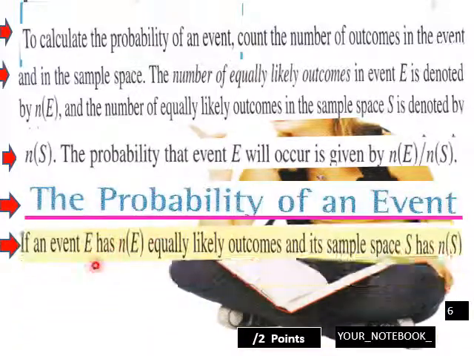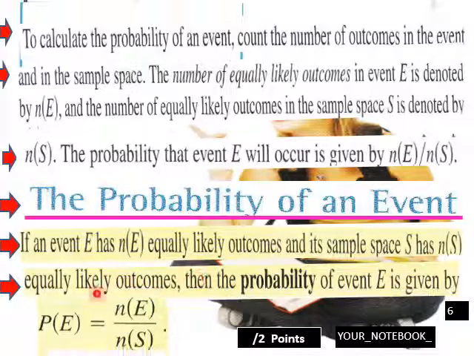The probability of an event: if an event E has n(E) equally likely outcomes and its sample space S has n(S) equally likely outcomes, then the probability of event E is given by P(E) equals n(E) over n(S).